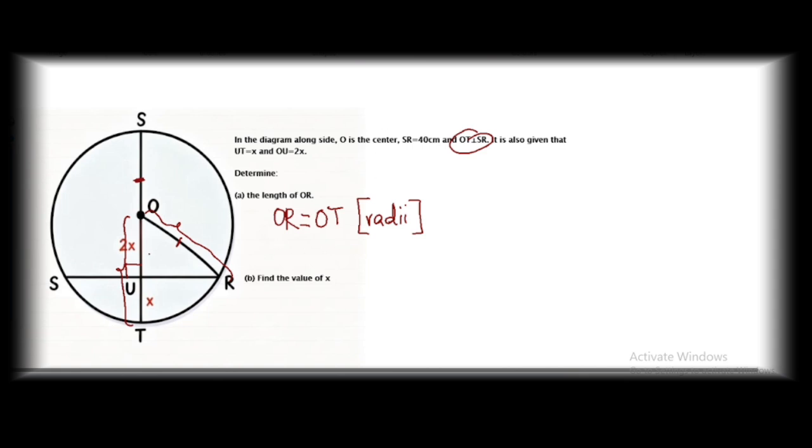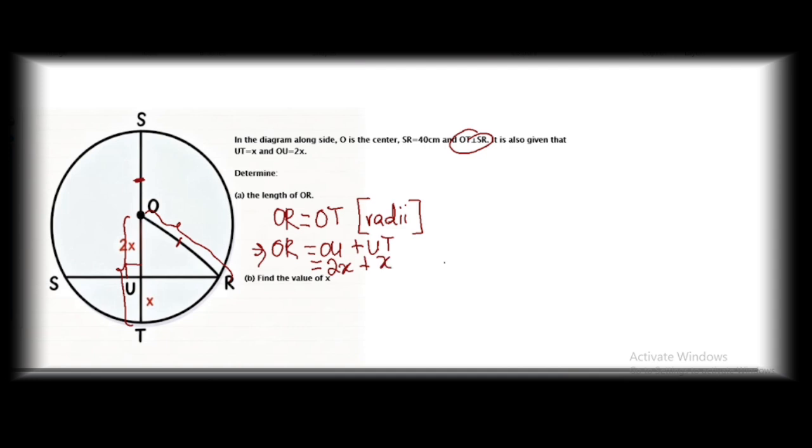And then we already know that OT is equals to OU plus UT. So this implies that OR will be equals to OU plus UT. We already know that OU is equals to 2x, so where there is OU, you substitute 2x.